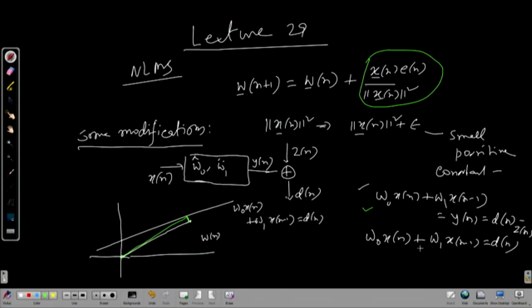So, they are parallel lines, but the intercept on the y axis is different. Another line will be this parallel line, this is the correct line, that is w0 x(n) plus w1 x(n minus 1) equal to y(n), which is d(n) minus z(n).